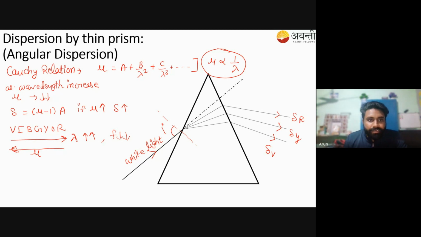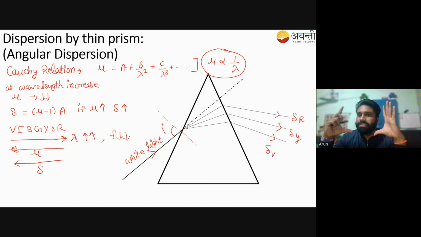Deviation is directly dependent on mu, so delta is also decreasing. The color that has the greater wavelength, the more its wavelength, the less its deviation. Got it? The color having longer wavelength has lesser deviation, and the color having the shortest wavelength has the maximum deviation.